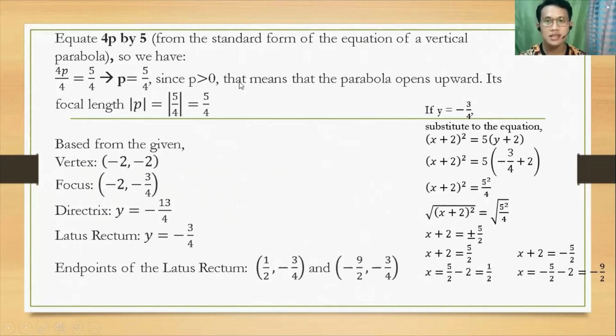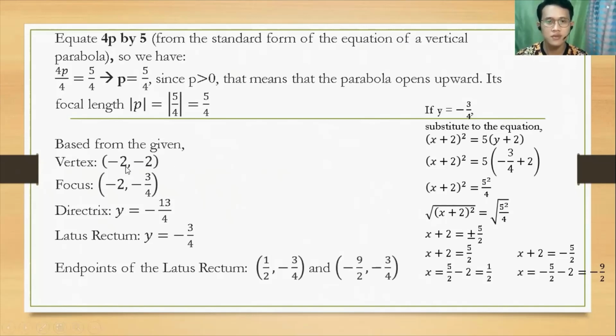Since p is greater than 0, that means the parabola opens upward. You need to identify the focal length, the absolute value of p, which is also 5 over 4. Based from the given, we can now have the vertex, which is negative 2 and negative 2.